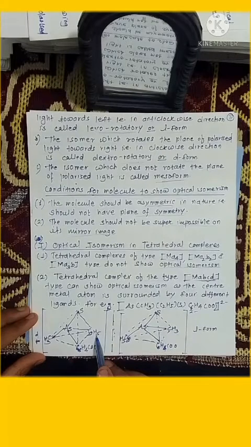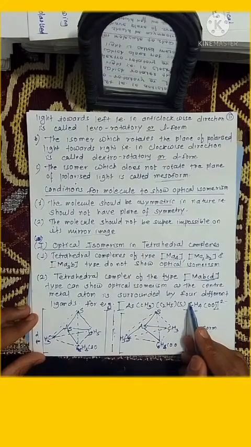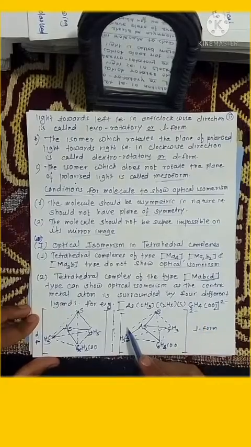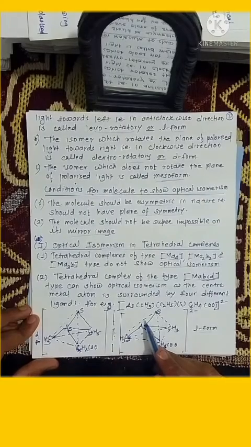When we write its mirror image, the position of the ethyl group is shifted towards the left and the position of the CH3 group is shifted towards the right. This is the L form of this complex. This complex does not have any plane of symmetry. That's why it shows optical isomerism.